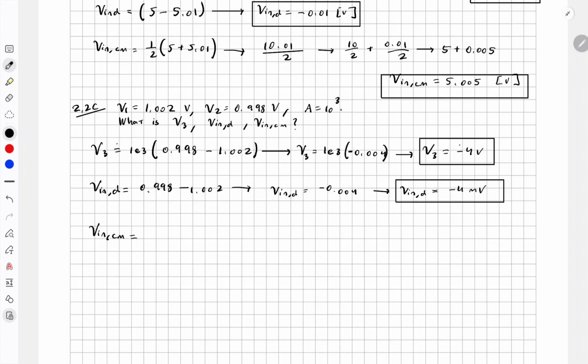And V in common mode is equal to the average of the two inputs, remember, so it's V1 plus V2. Let's remain consistent: 1.002 plus 0.998.